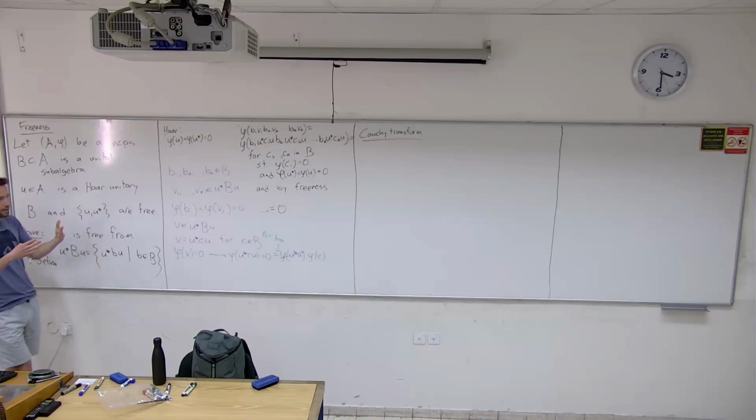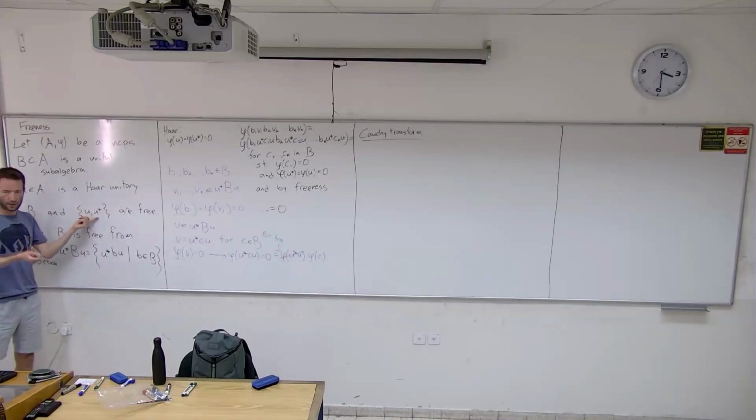And assuming that you know, let's say, how to generate them in a way that's free from one particular element, if you have a source of Haar unitaries that you can generate, then you can generate an infinite amount of elements that are free from each other.